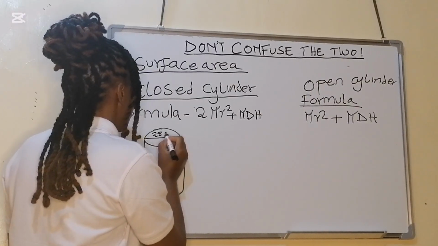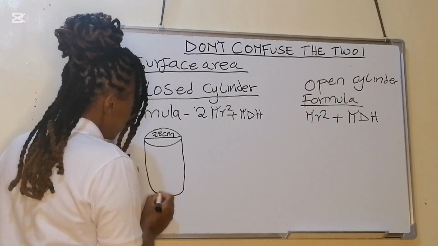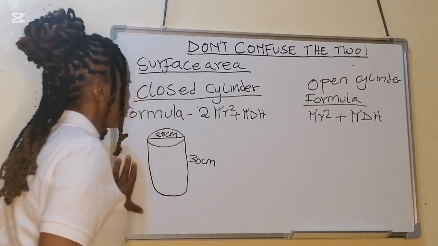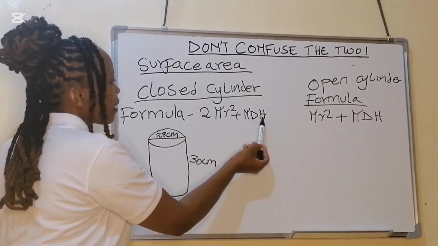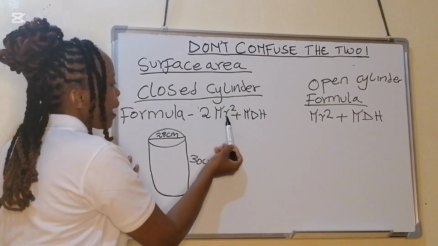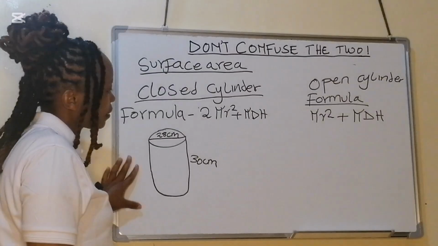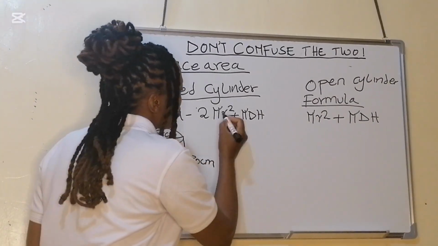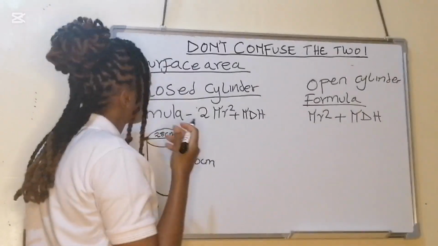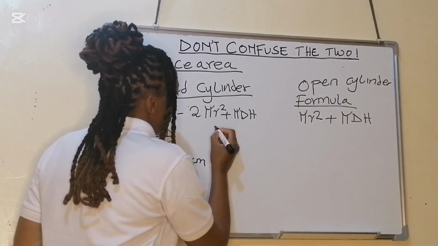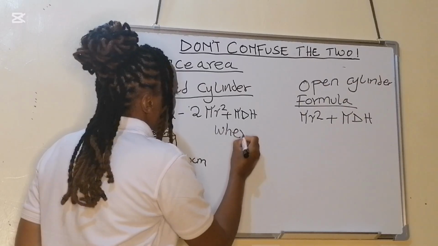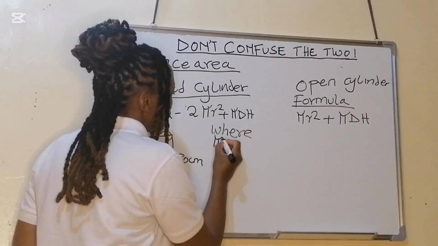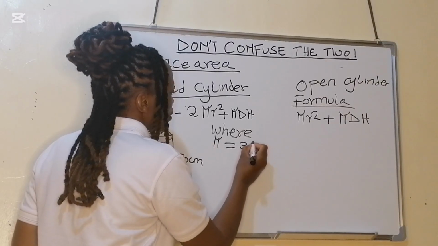Here the diameter is 28 centimeter and the height is 30 centimeter. This is the diameter, this is the height, this is pi, r is radius. Okay, let me write it again here. I will never assume that you know what all these things mean. For pi, we use 3.14.